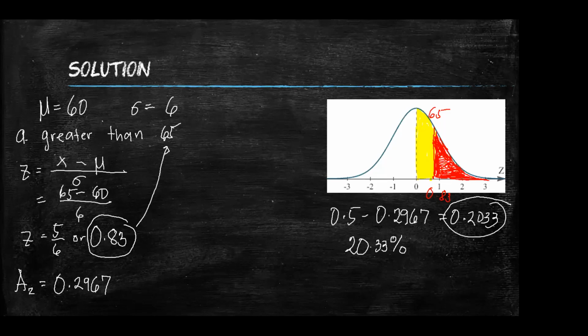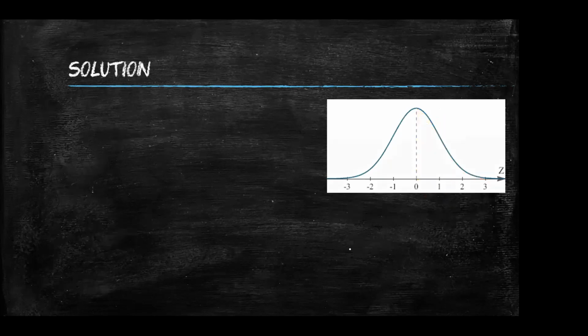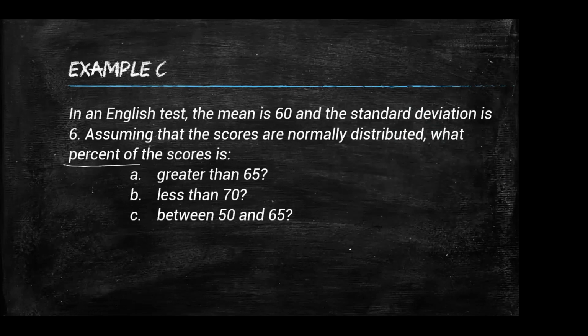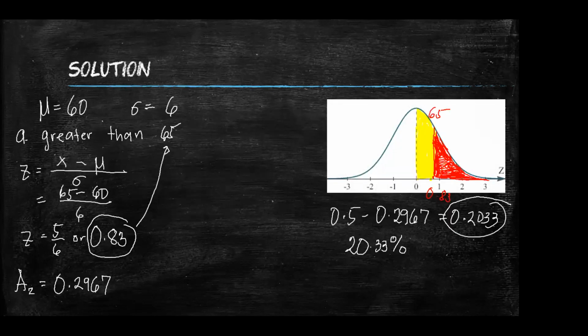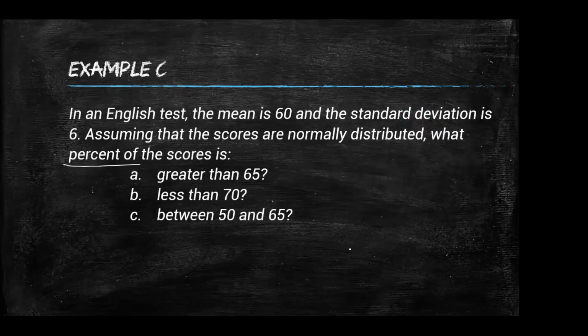Yes po. Okay. Sige. A pa lang tayo ha. How about B? Yan na. Less than 70. So, ayun, what percent of the scores is less than 70? Using the procedures that we have done earlier. So, ito, yan. Kung natandaan nyo pa. Sige, I'll give you some time.